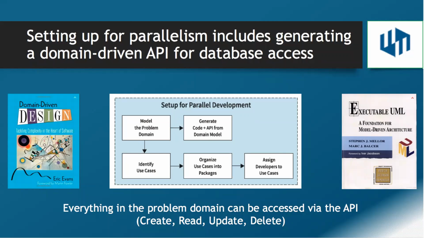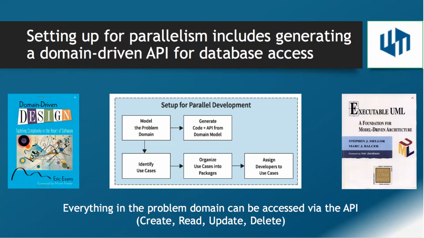And we found that in order for collaboration with large teams of developers to occur effectively, it really helps if everybody has a shared model of the problem domain, so in UML terms, a domain model, and that we code generate an API, essentially an API for database access from a domain model. So now we're taking the Eric Evans domain-driven design approach and combining it together.